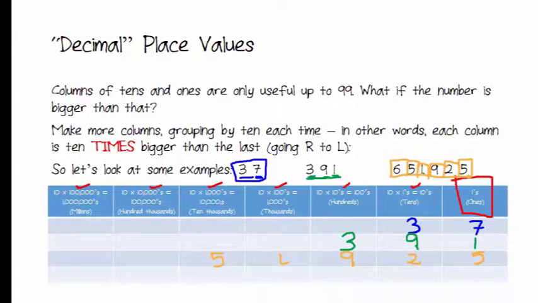Finally, this 6 is going to go into the next one, the 100,000s. So this is 6 hundred thousands, 5 ten thousands, 1 thousand, 9 hundreds, 2 tens, 5 ones. And that's how we place numbers in the decimal place value system.